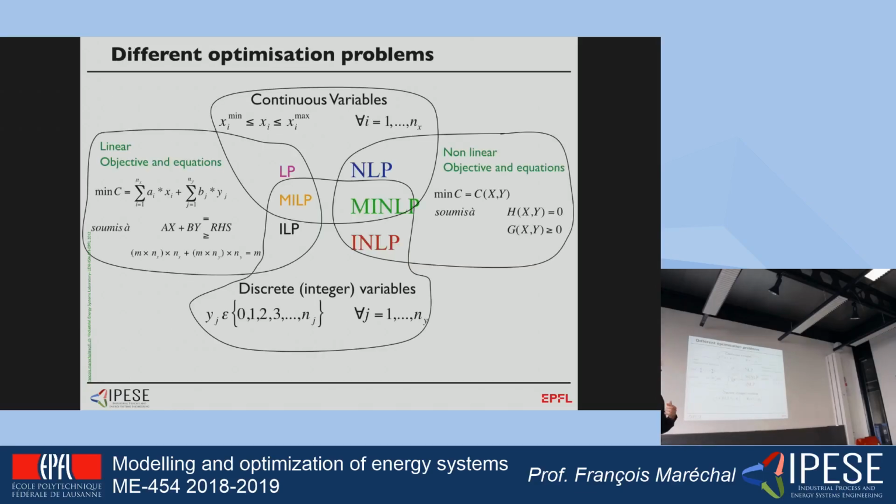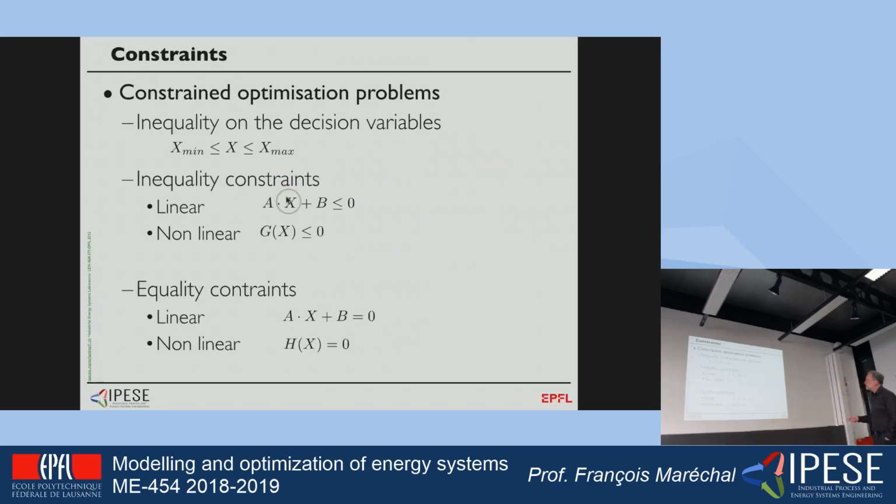And now if I'm looking at the collection of different types of problems that I can have, what we can see is that both the objective function and the constraints can be linear or nonlinear. So linear means that the equations can be written with a matrix that multiplies the variable plus another term that will be expressed as being the right-hand side of the equation.